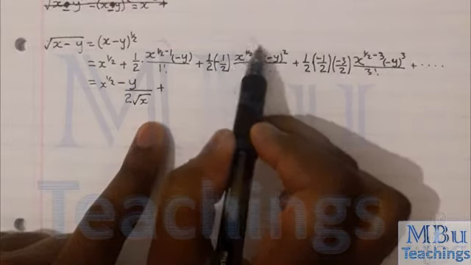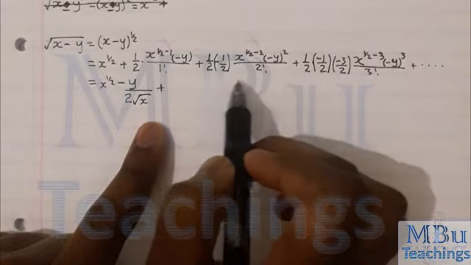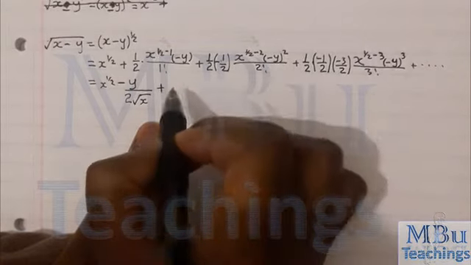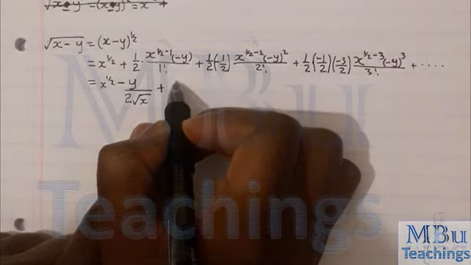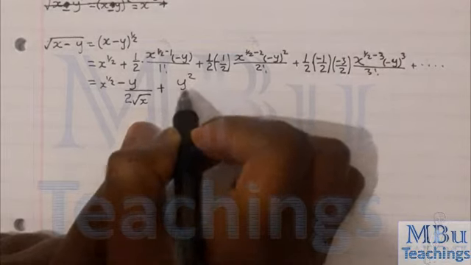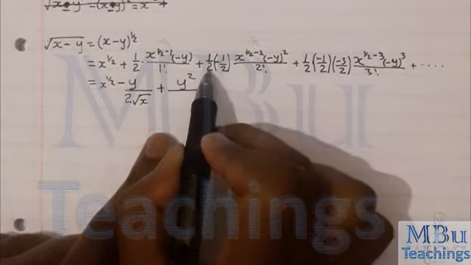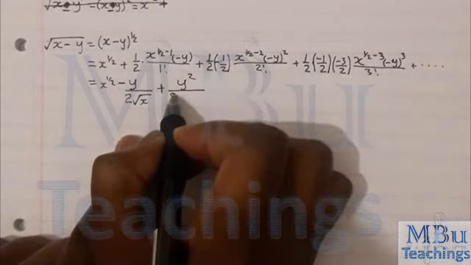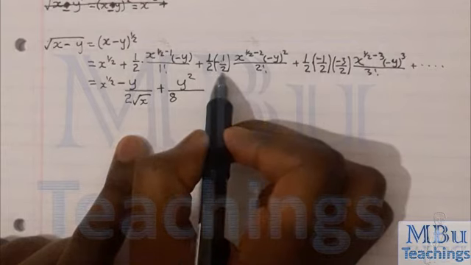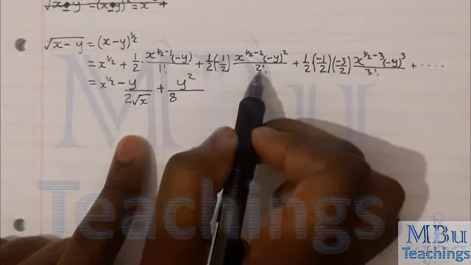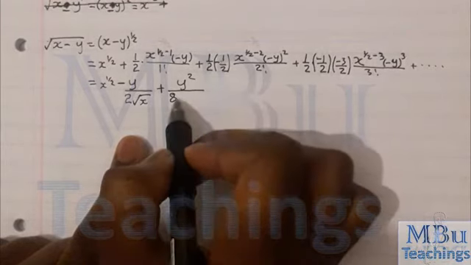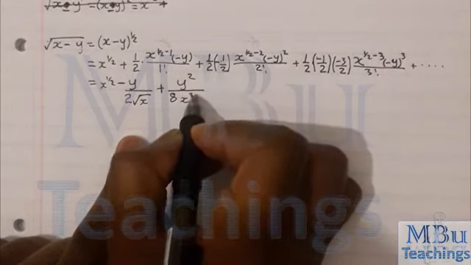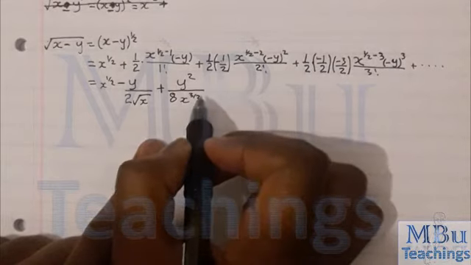The sign of the exponent is negative, obviously x is underneath the line, so we'll have y squared over 2 times 2 times 2 factorial, that will be 8. 2 times 2 is 4. 2 factorial is equal to 2. So 2 times 4 is 8. Then we have our x to the power 3 over 2 underneath the line.